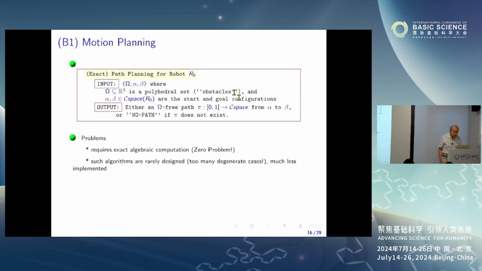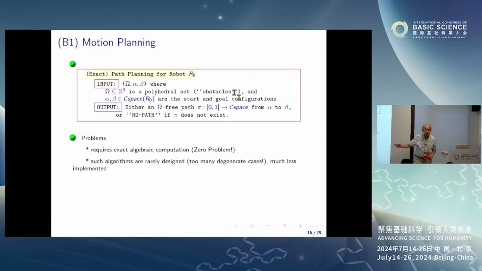Okay. So here's the path planning problem according to exact path planning. You're given the obstacles, alpha, beta, which are the start and goal configurations, and you either output a path, if there's one, or you output no path. That's it.